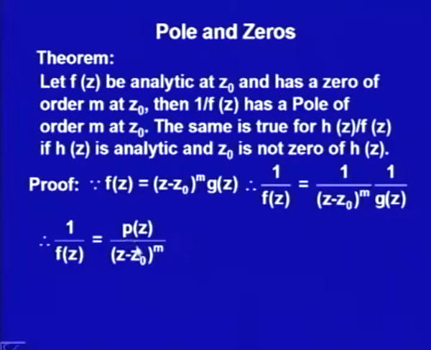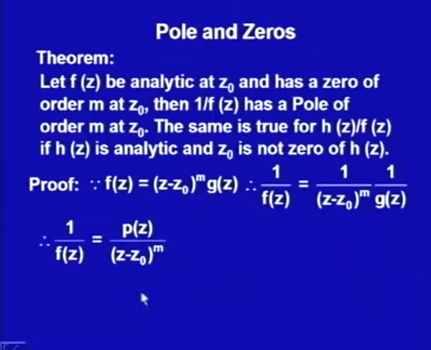What it says is that I have this new function 1 upon f z, which has a principal part. The principal part contains in the denominator z minus z naught to the power m, and its numerator is p z, which is not 0 at z naught.